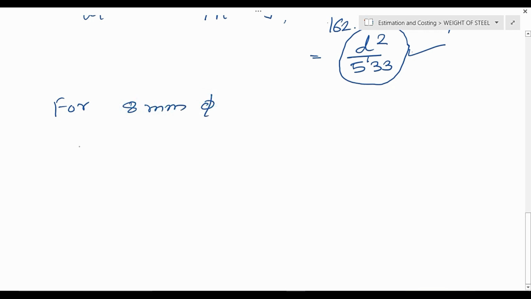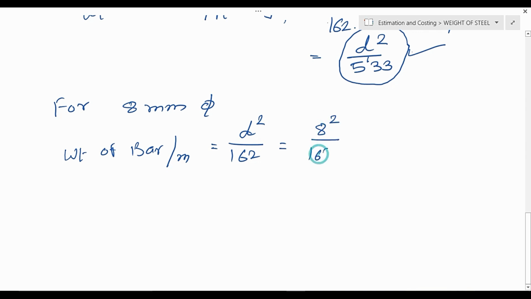The weight of bar per meter length will be given by diameter square divided by 162. My diameter is 8, so 8 square divided by 162. You'll get an answer somewhere around 0.39 kg per meter.